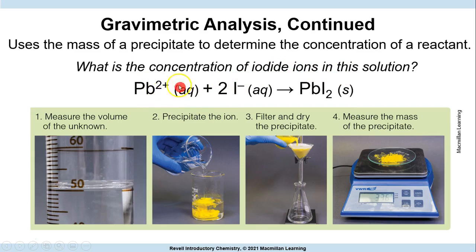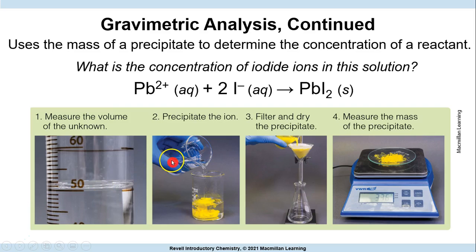So how can we determine the concentration? We are going to use the mass of the precipitate that is formed to determine the concentration of the reactant. So the first thing is that we need to measure out a known volume of the reactant. So here, let's say we've measured 50 milliliters of the unknown.